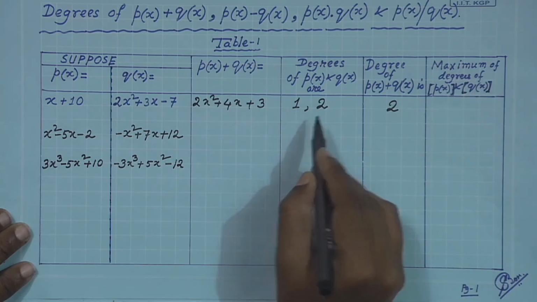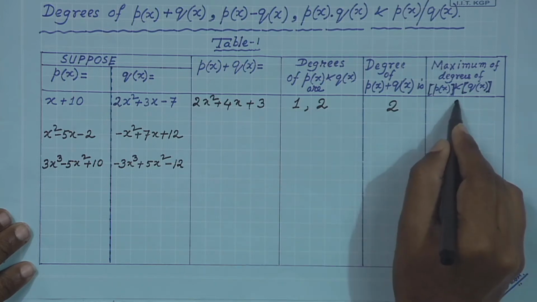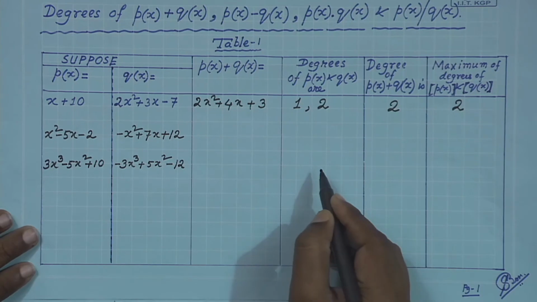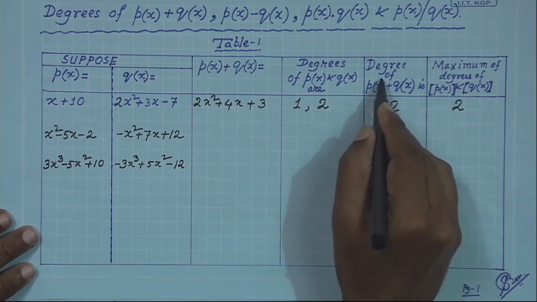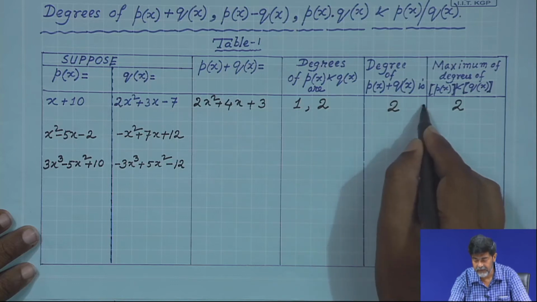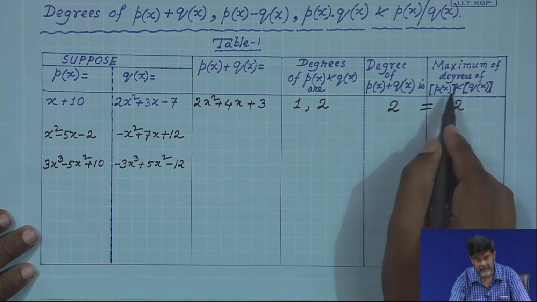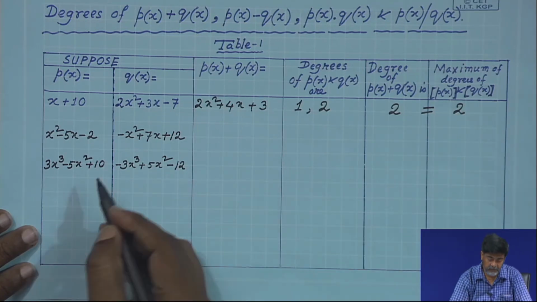Maximum of 1 and 2 is 2. Here the degree of p(x) plus q(x) is exactly equal to the maximum of the degrees of p(x) and q(x).